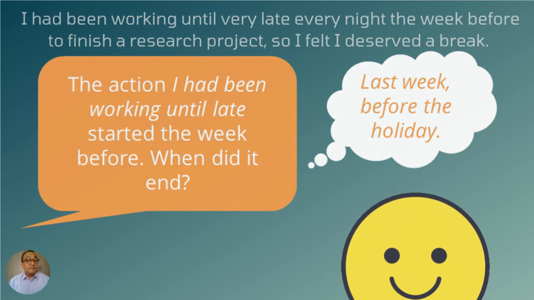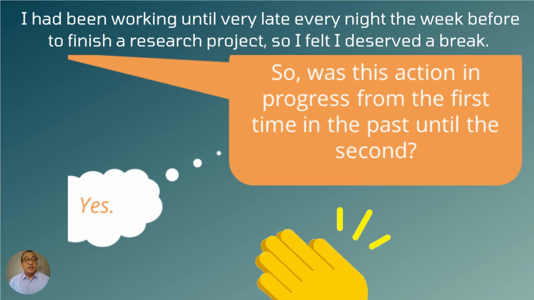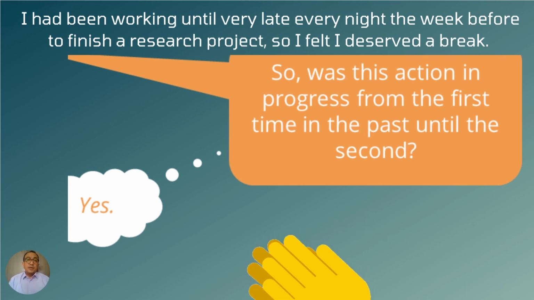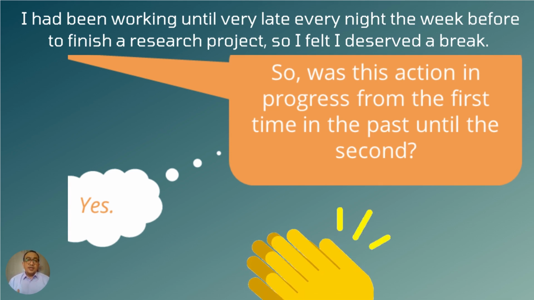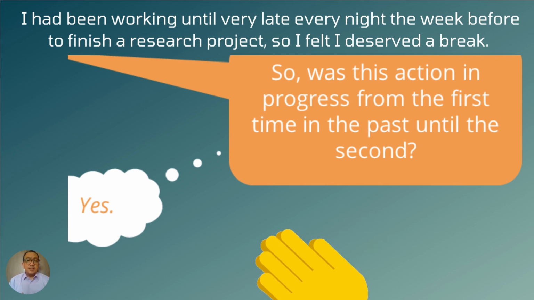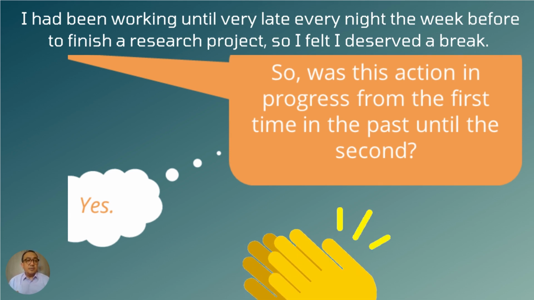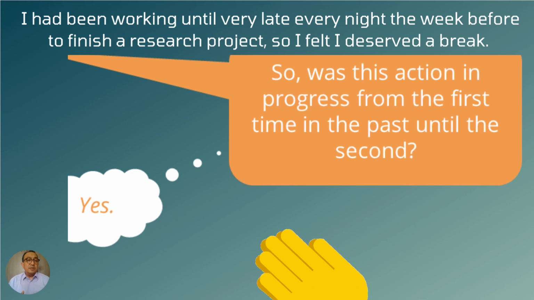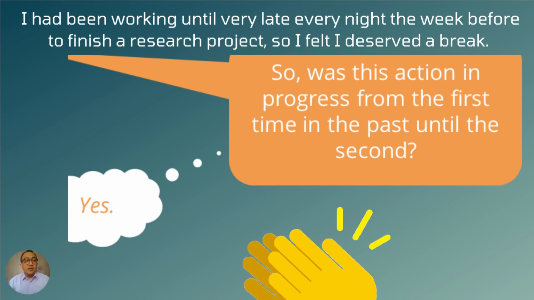For the narrative tenses, the next slide. So was this action in progress from the first time in the past until the second? Because in our previous discussion, there are two actions. The first one is completing the project, and number two is going on holiday.